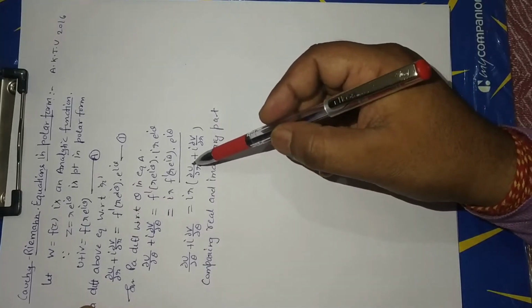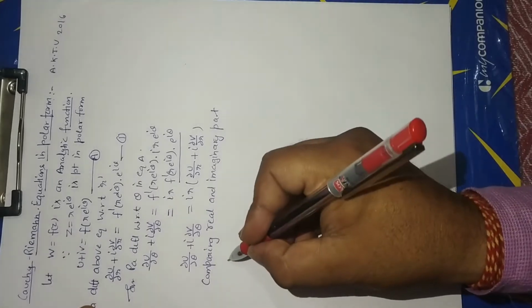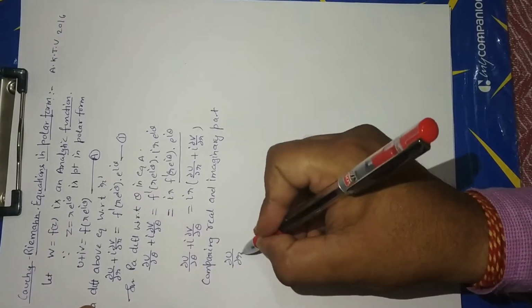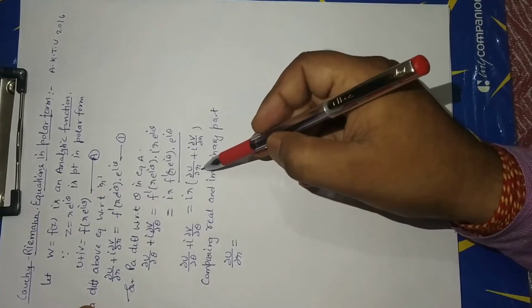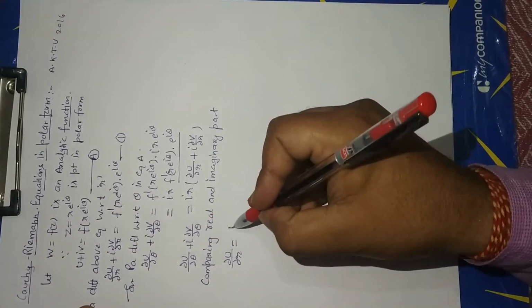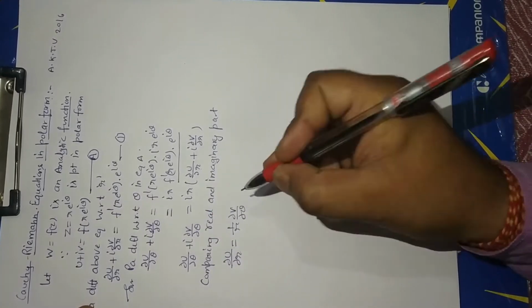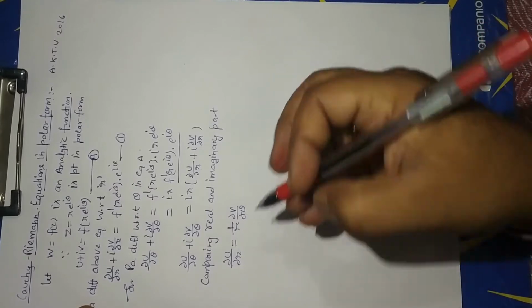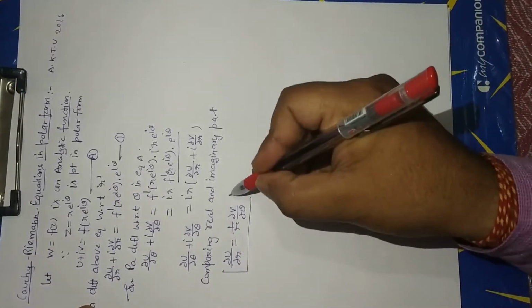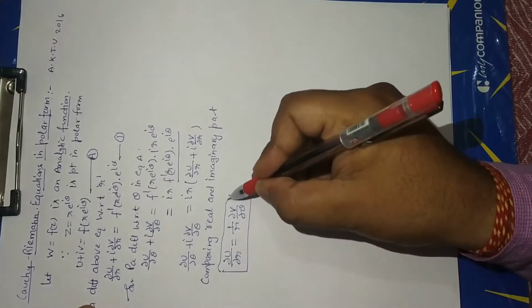Now del u upon del r, this is the real part, equal to 1 upon r del v upon del theta, the imaginary part.